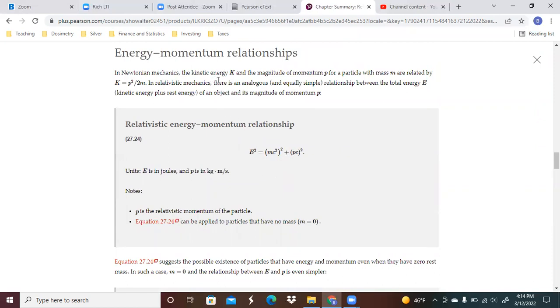So in Newtonian mechanics, the kinetic energy and the magnitude of momentum for a particle of mass m are related by this. In relativistic mechanics, there's an analogous and equally simple relationship between the total energy of the object and its magnitude of momentum. So this is the relativistic energy-momentum relationship.